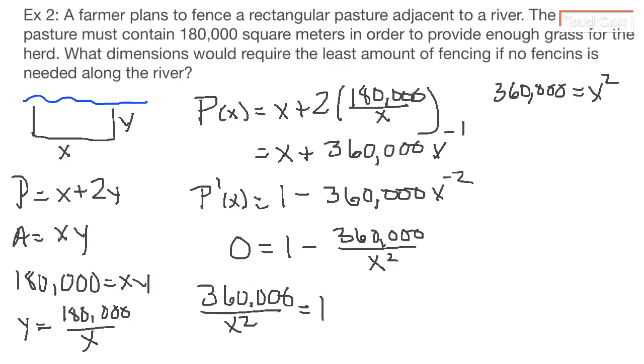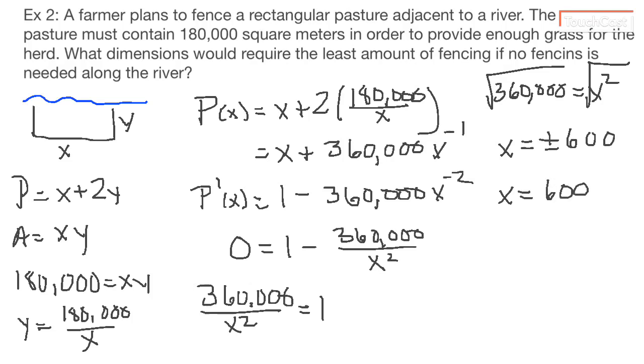We can take the square root of both sides now. So x is going to equal plus or minus 600. But if we really think about this, we're not going to have negative fencing. So x is going to equal 600 itself.